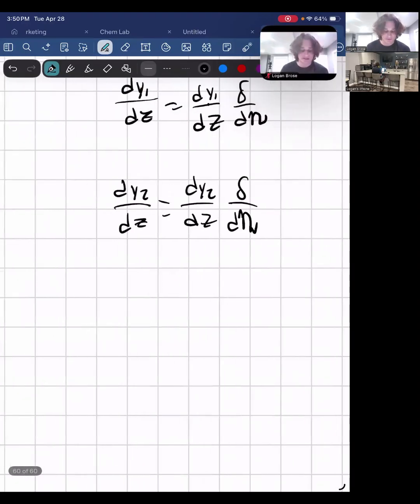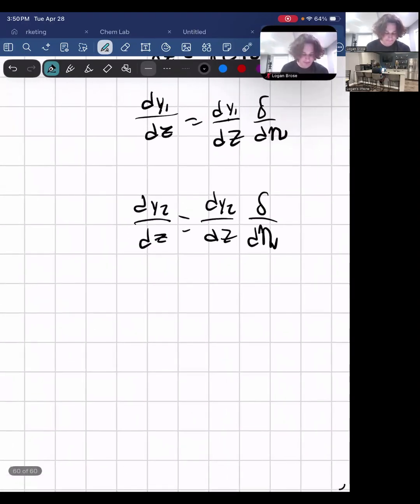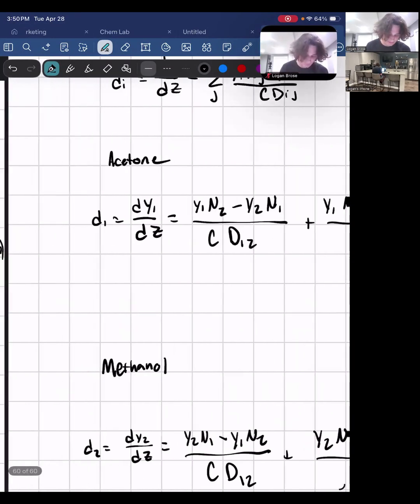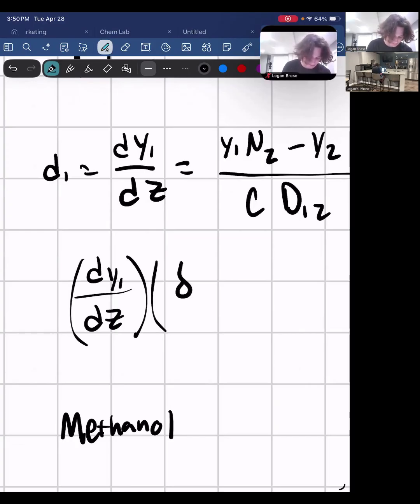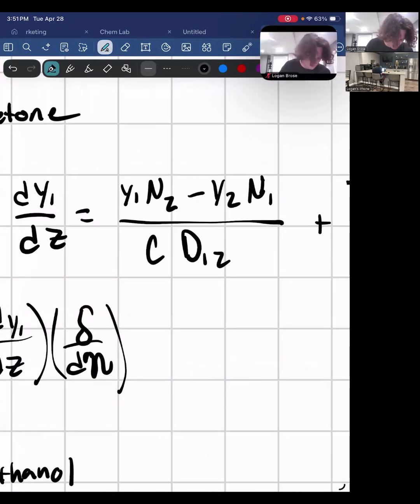dy1 over dz, we have that over here. And so we can plug this in here to where it's dy1 over dz times our delta over our scaling factor. And then after that, it's actually, sorry, dz over dn.